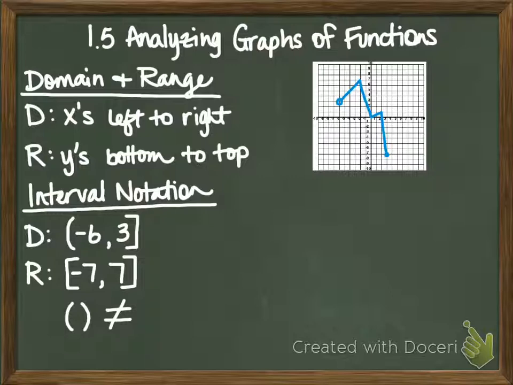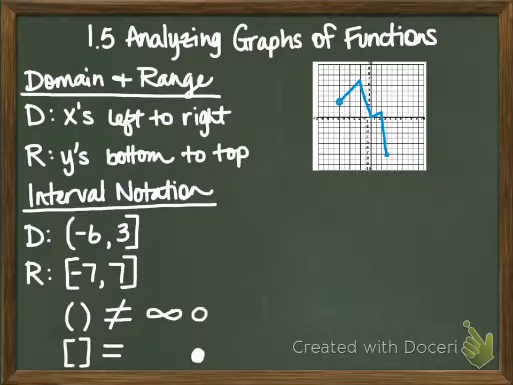Parentheses are when something is not equal to. Brackets are when it is equal to. Other cases that we use parentheses are if you see infinities, if it continues going up forever or down forever. That's also when we use an open circle, it will use parentheses. Closed circles are for brackets.